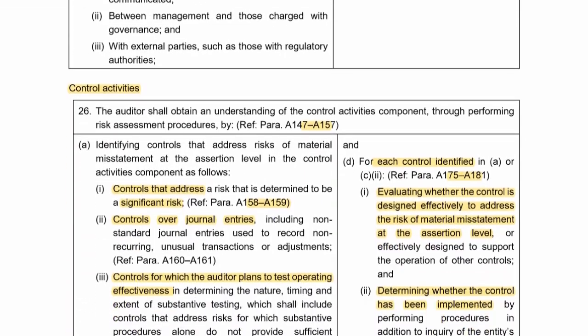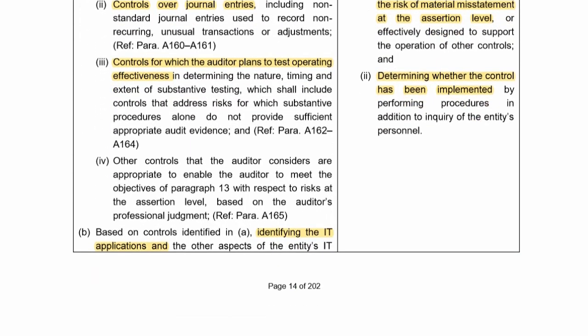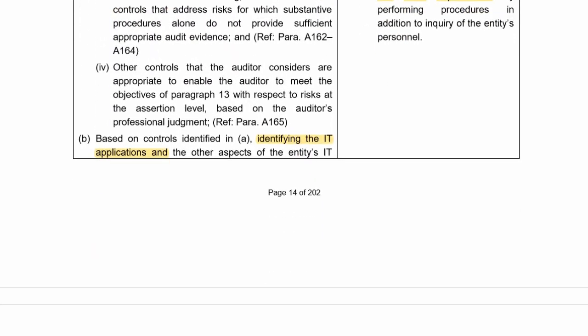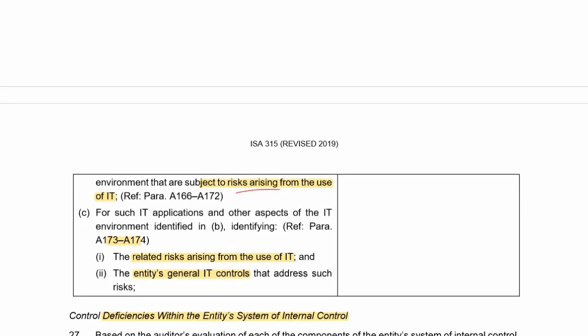Next, let's go to control activities. And paragraph 26B says, based on the controls, you need to identify the IT applications and the risks arising from the use of IT. A166 to A172.